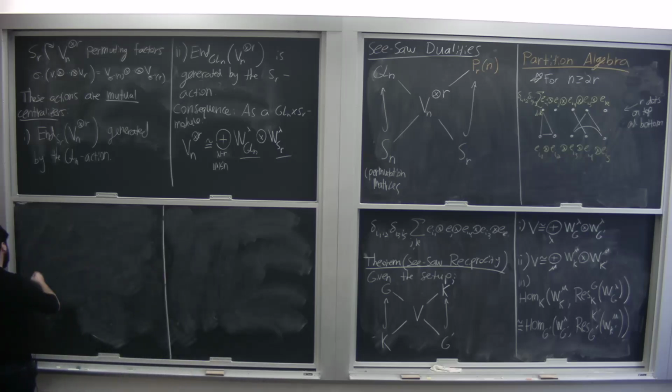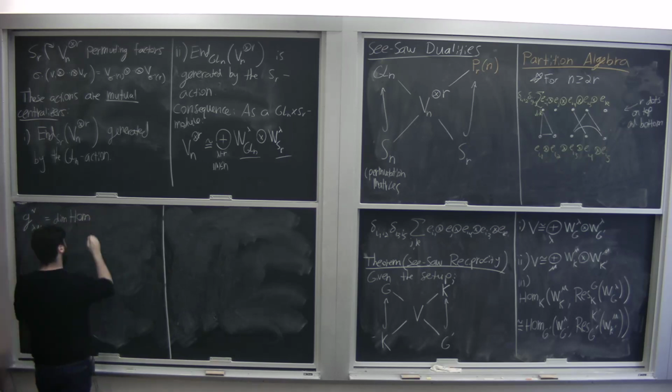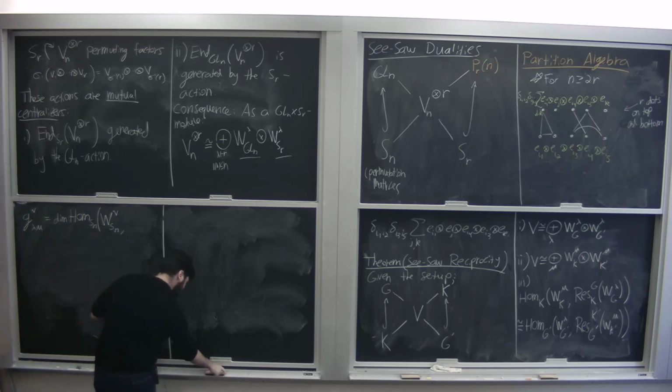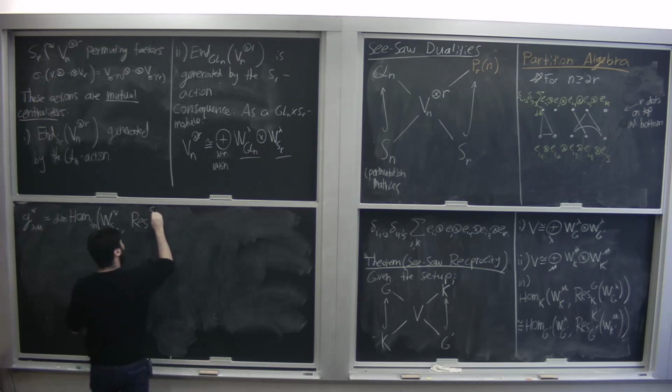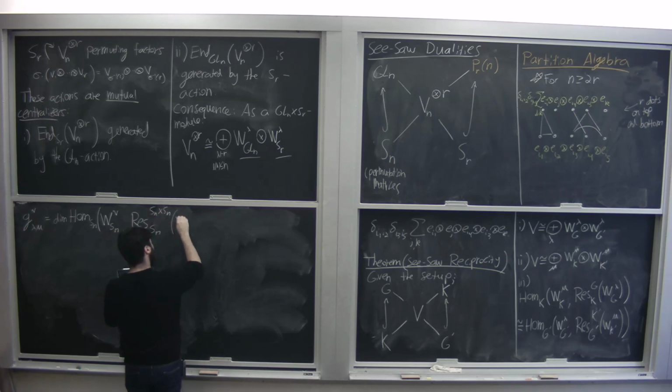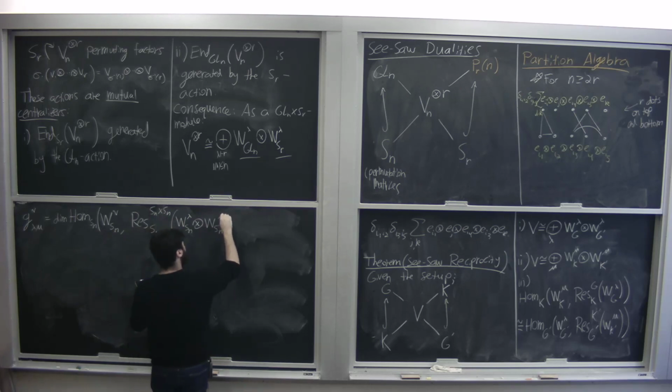And so how we do that is we say that g_{λμν} is the dimension of this Hom space, this S_n Hom space, from W_{S_n}(ν) to the restriction from S_n cross S_n to S_n of this W_{S_n}(λ) tensor W_{S_n}(μ).